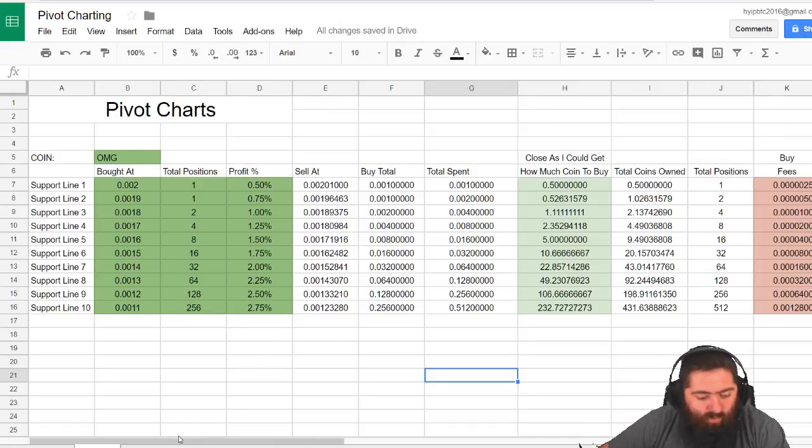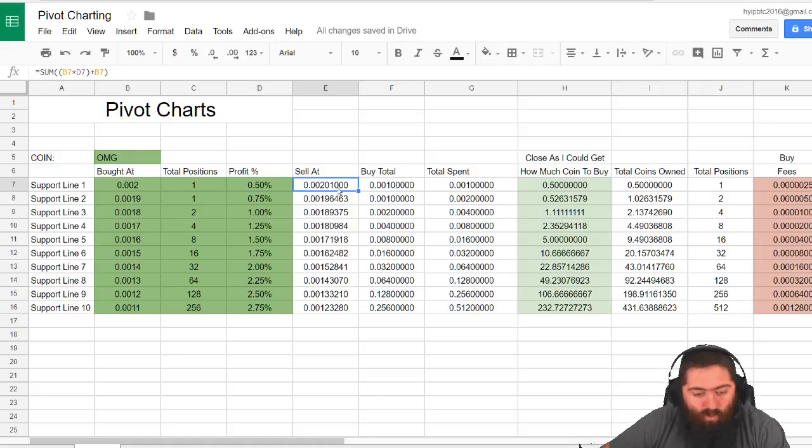Alright, so right here we have our pivot chart. This is basically 3 boxes, 3 rows that we're going to edit all the way down. What price we're going to buy at, how many positions, and what profit percentage we want. That's it.